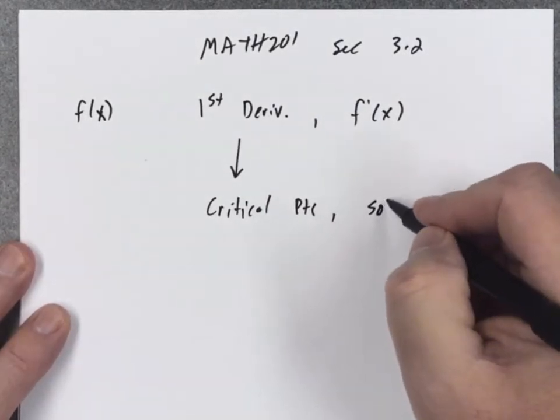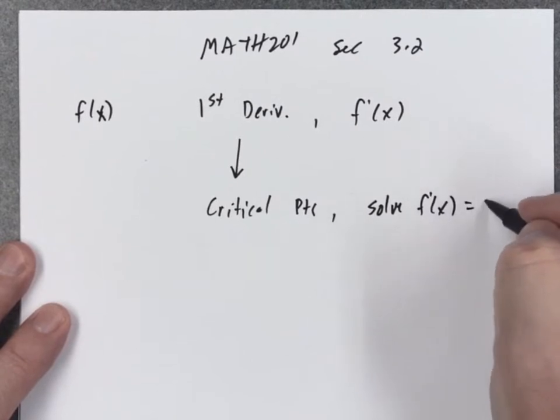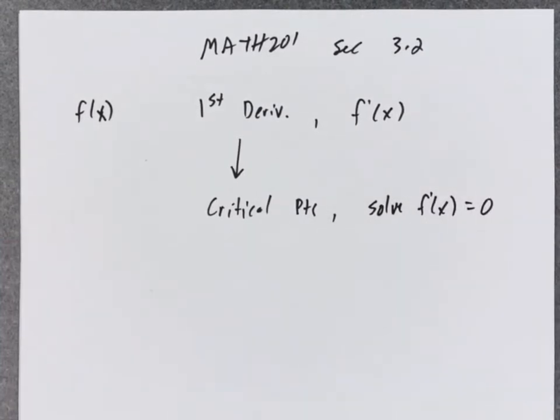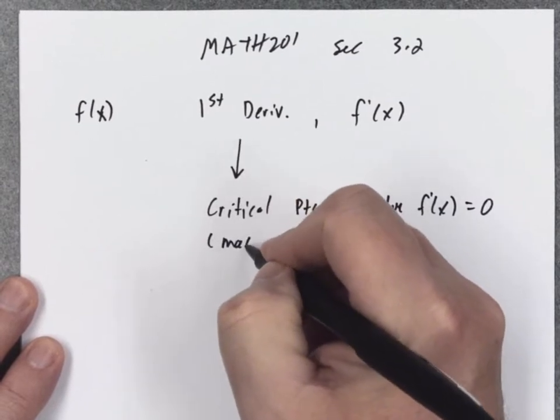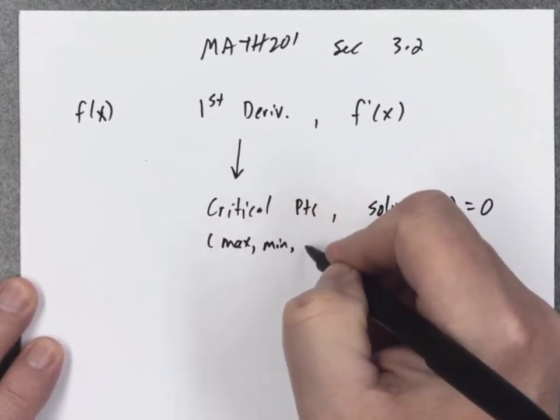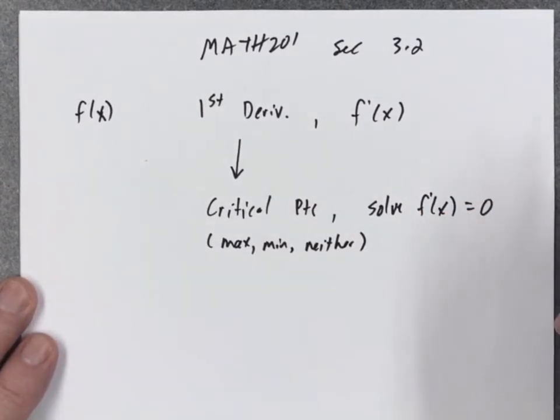Basically we did that by taking the first derivative, setting it equal to 0, and solving it. And once we did that, of course, critical points means your maximums, minimums, and what we call the neithers.